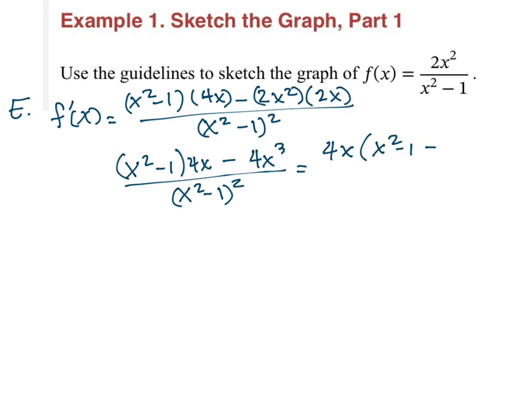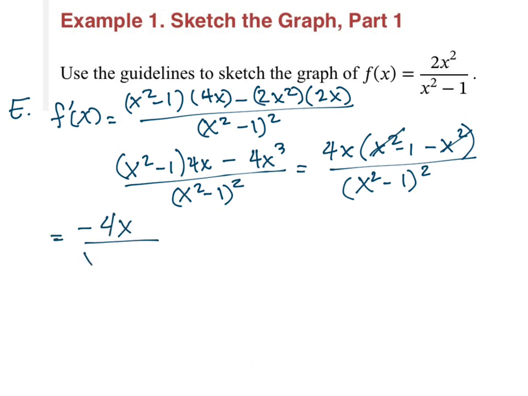If we pull out 4x, minus x squared, right? Isn't that all that's left? So I can cancel those x squareds. 4x times negative 1 leaves me negative 4x over x squared minus 1 squared.